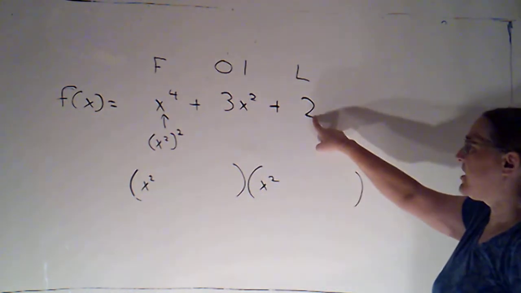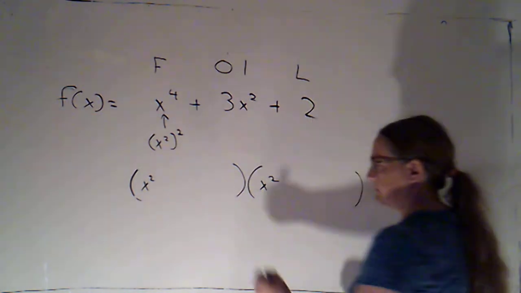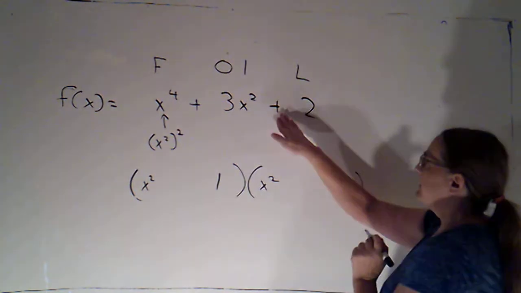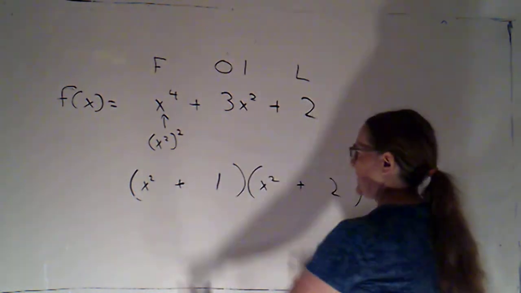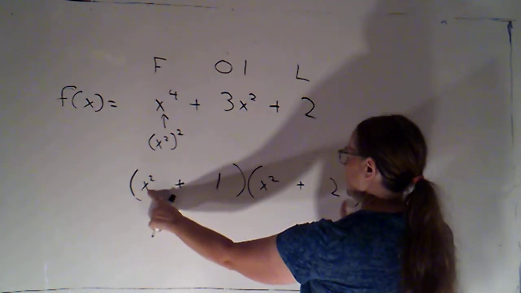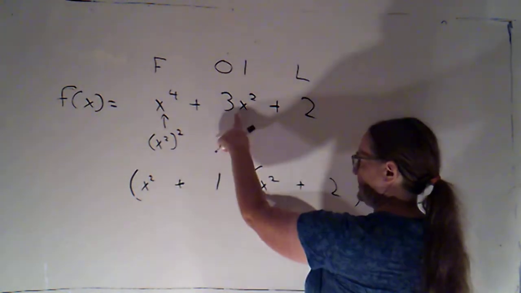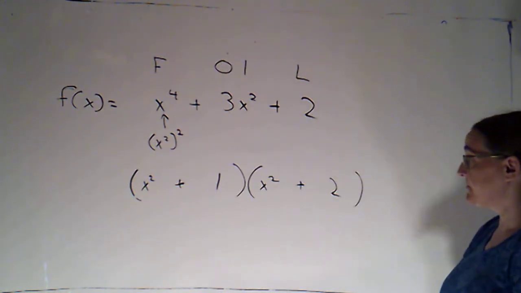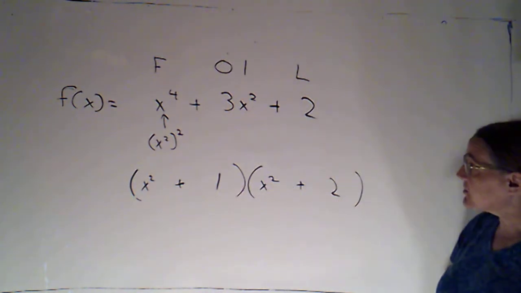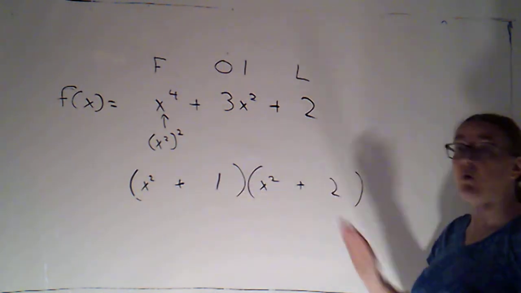My last terms would have to multiply to give me 2, so I'm thinking 1 and 2. They've got to have the same sign, looks like both positive. Let's see if that worked. X to the 4th plus 2x squared plus x squared is 3x squared plus 2. Fabulous. So we have factored this into 2 quadratics.